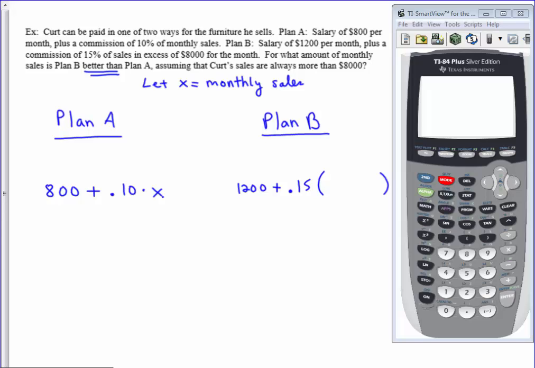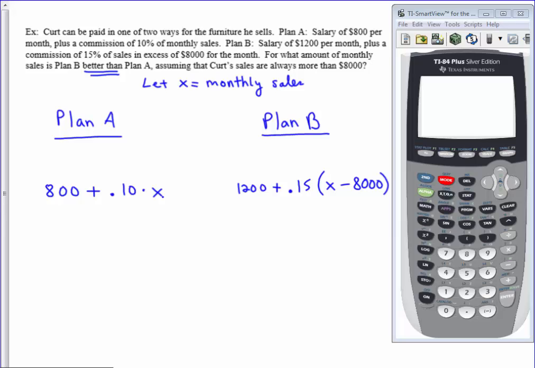So we would want to say X minus 8,000 as what we're going to take 15% of. We know that X will always be greater than $8,000, so it's proper to put that first, and then if we subtract off the 8,000, the result would be how much over $8,000 his sales were that month.